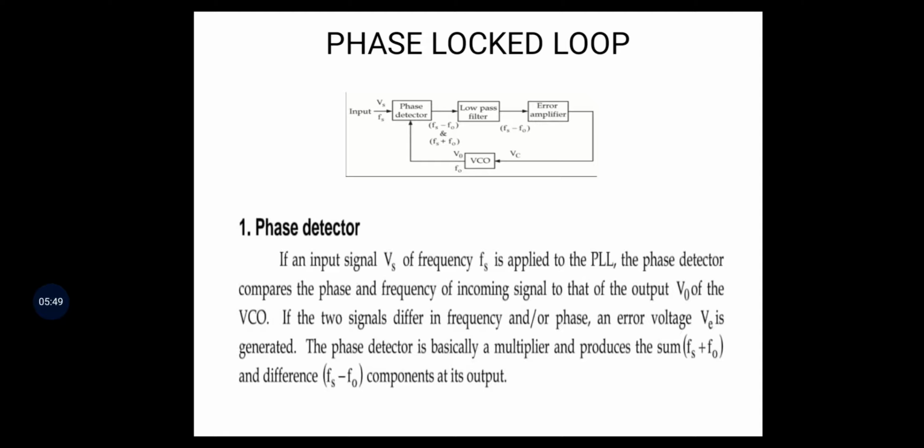The difference between these two signals is generated at the phase detector output. That error signal has the frequency components Fs minus F0 and Fs plus F0. This is the function of the phase detector.